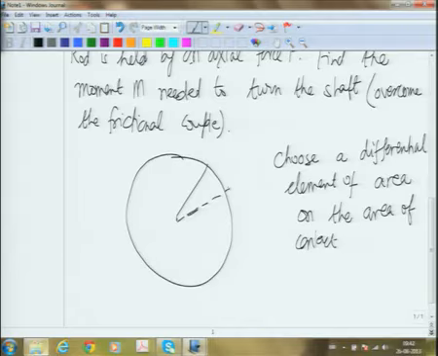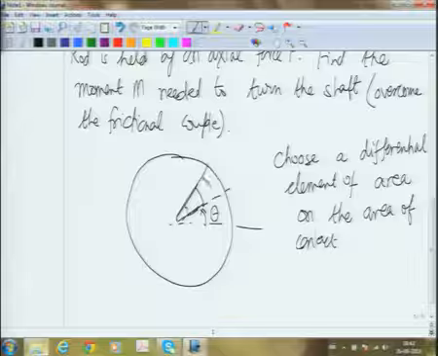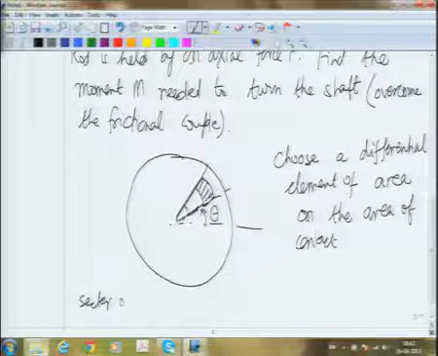an element, let us say from some reference position, it is at an angle theta, and the element chosen is a sector of a circle.